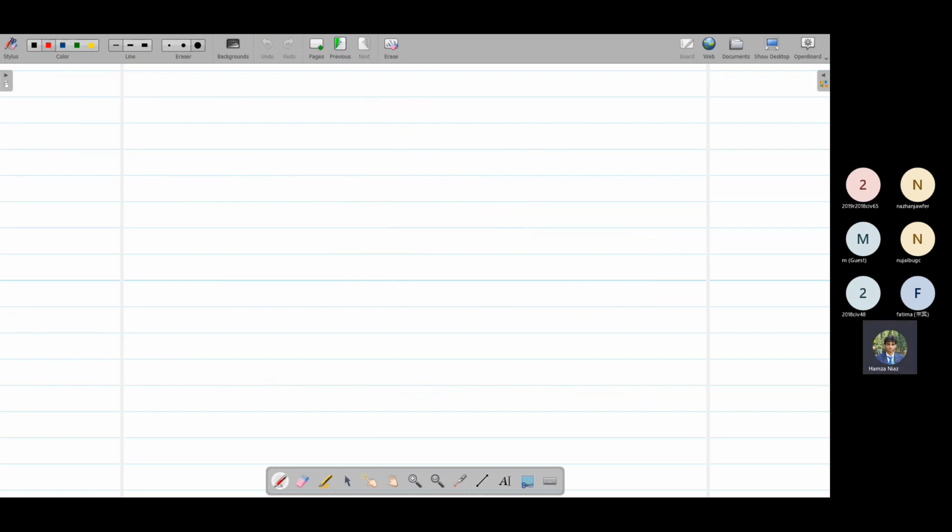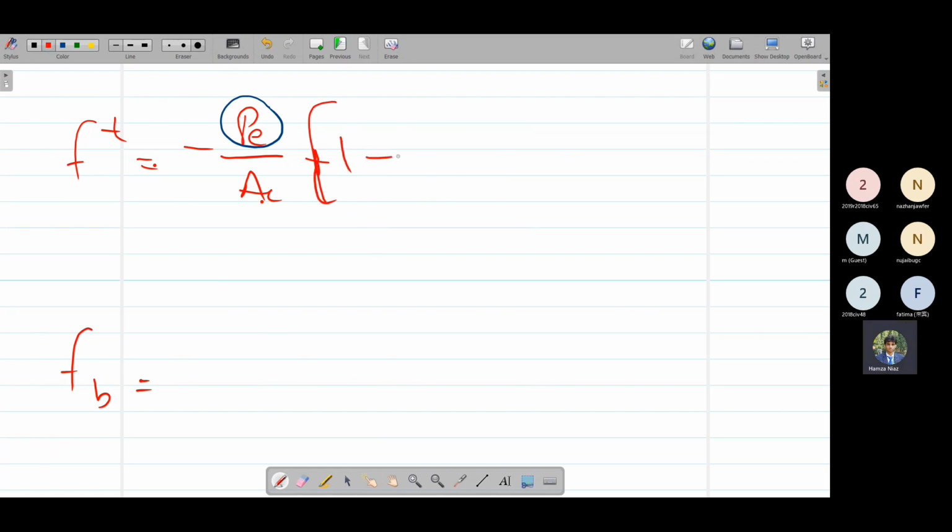Then the formulas are exactly the same for F top and F bottom, stress at top and stress at bottom. It would be minus PE over A. Only difference is PE. The rest is same. PE over A, 1 minus EC over R squared, and minus M total over S. These are two differences.